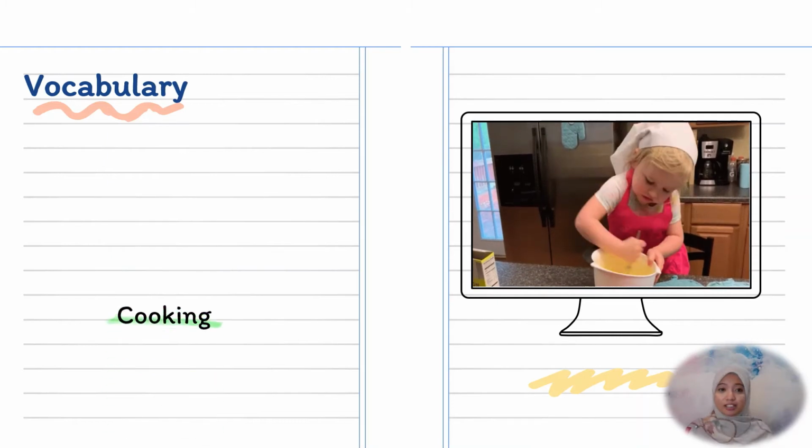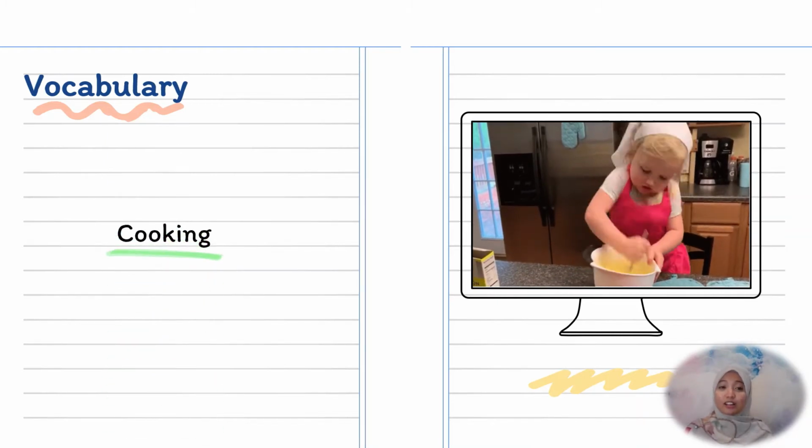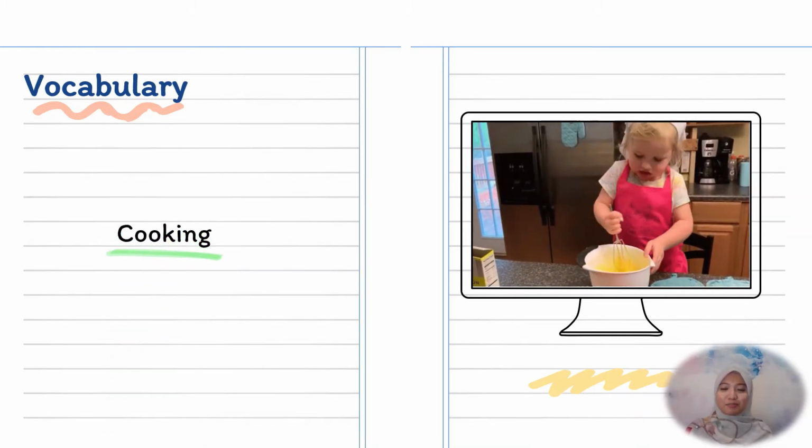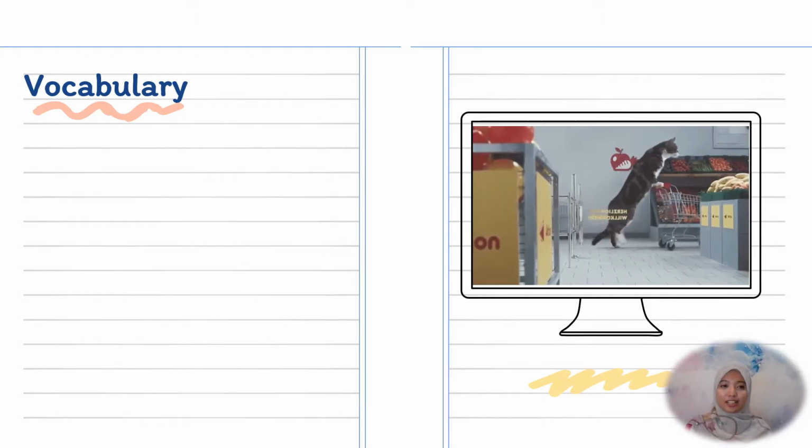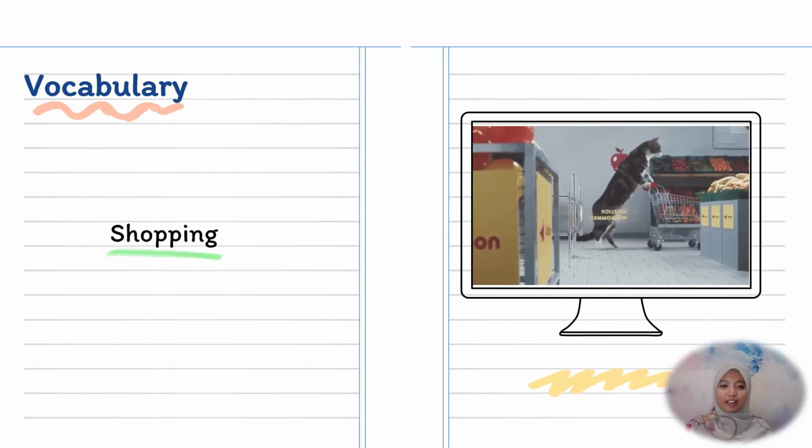Number 6, cooking. Cooking maksudnya memasak. Number 7 is cycling. Cycling maksudnya berbasikal. The next one is shopping.